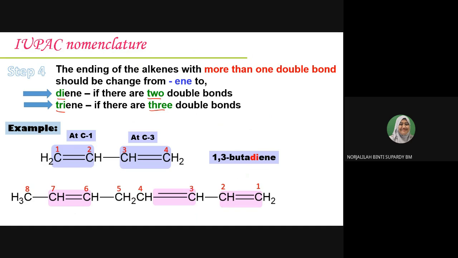So we prefer to start numbering from the right side. The carbon double bonds are at carbon number 1, carbon number 3, and carbon number 6. Since there are 3 double bonds, we call it 1,3,6-octatriene.